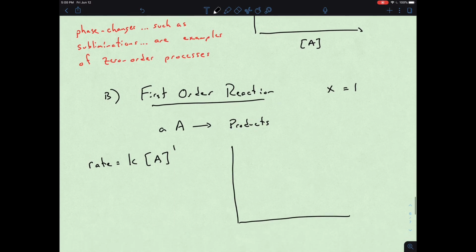So here is where we would have a linear relationship between our concentration or pressure of A and the rate of our reaction.